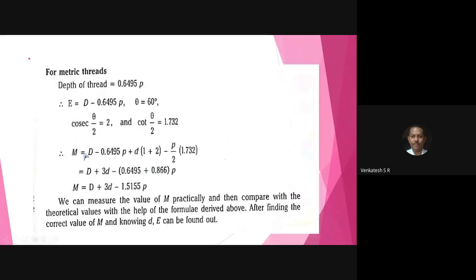That can be calculated by using the equation E equal to D minus 0.6495 pitch. Theta equal to 60 degree. The thread angle is 60 degree. Then you can calculate the M by substituting the values D and small d and the pitch of the thread in the equation. You will get M. That is the diameter over the wires.